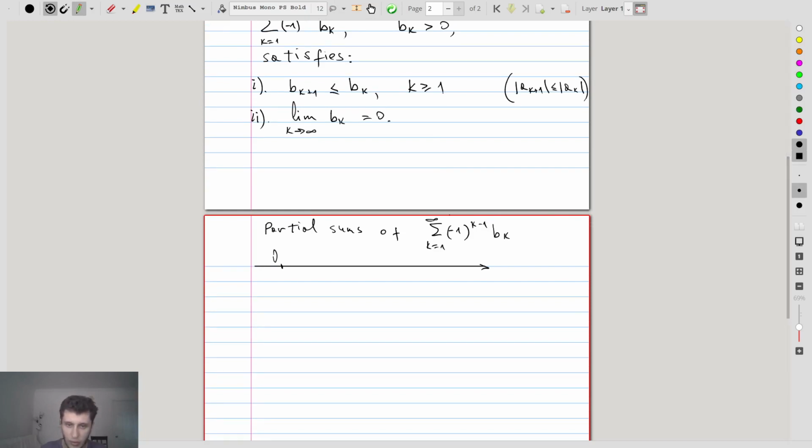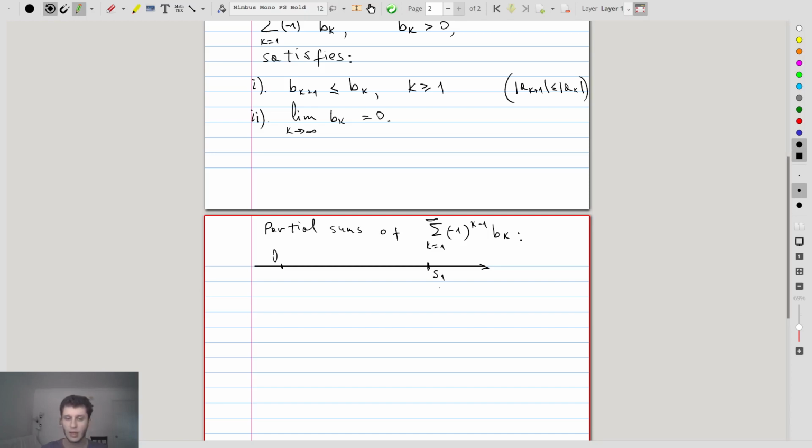So we're going to depict the partial sums. So let's start with S1. So S1 is simply the first term of the series. We see it's positive. Its absolute value is equal to b1. So this here is S1.